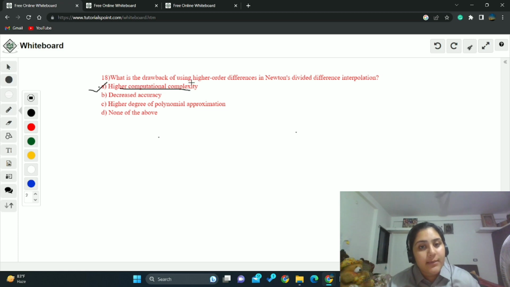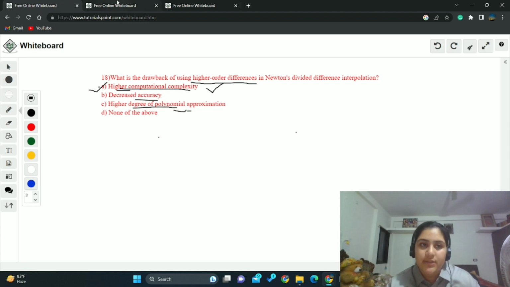To construct that table, the higher order differences can create complexity in the computation. So this can be a true option. Decreased accuracy is not the true option, because as the higher order differences come in, the accuracy increases. The higher degree of polynomial approximation is also not the correct option, because the polynomial approximation does not depend on the higher order differences. Therefore the correct option would be higher computational complexity, as we create the divided difference table for the Newton divided difference interpolation.